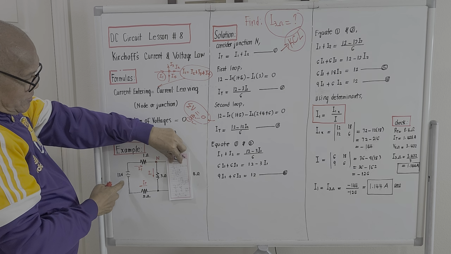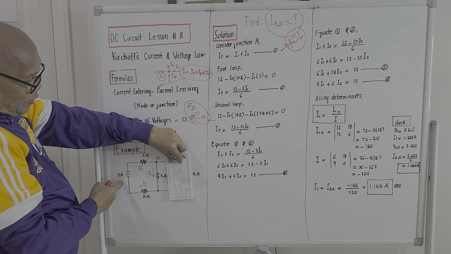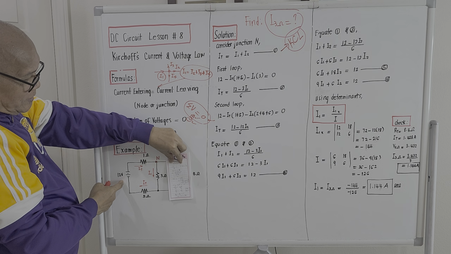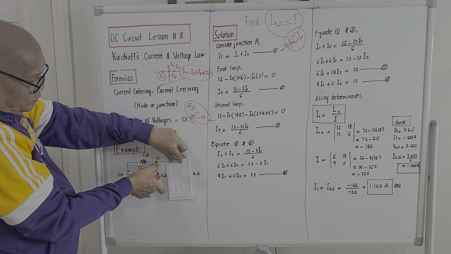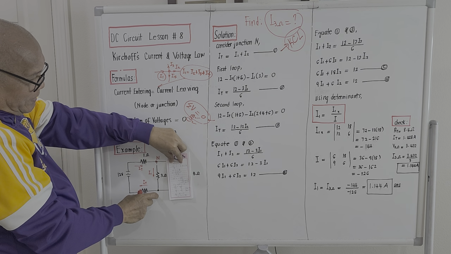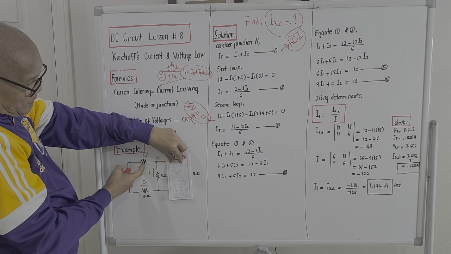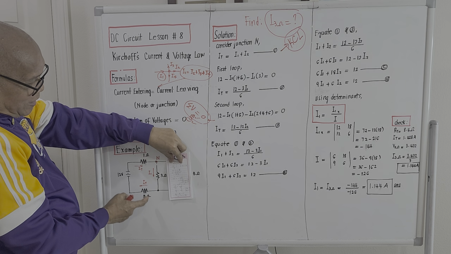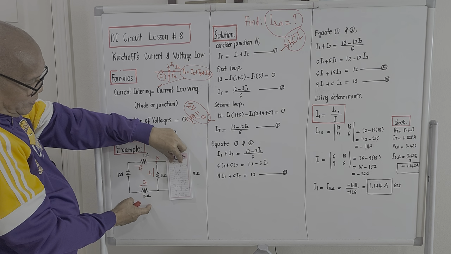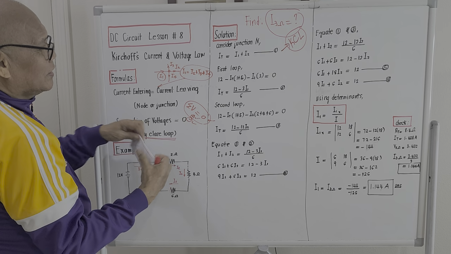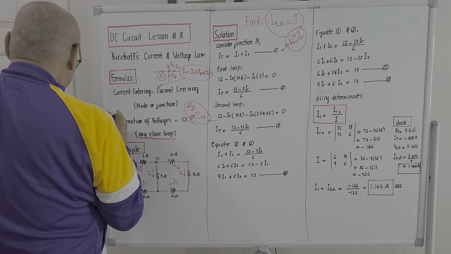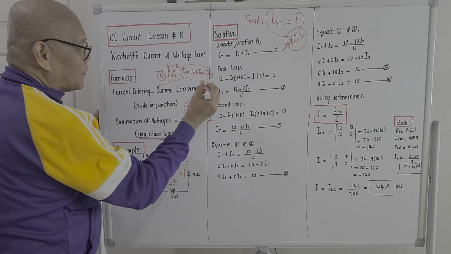So the voltage source will be 12. The voltage drop will be 3. There are 3 voltage drops, 1, 2, 3. But the current passing here is the same as this one, so actually we could simplify the calculation. So I place it here. A voltage source is actually a plus 12, right? Considering the first loop, this is plus.